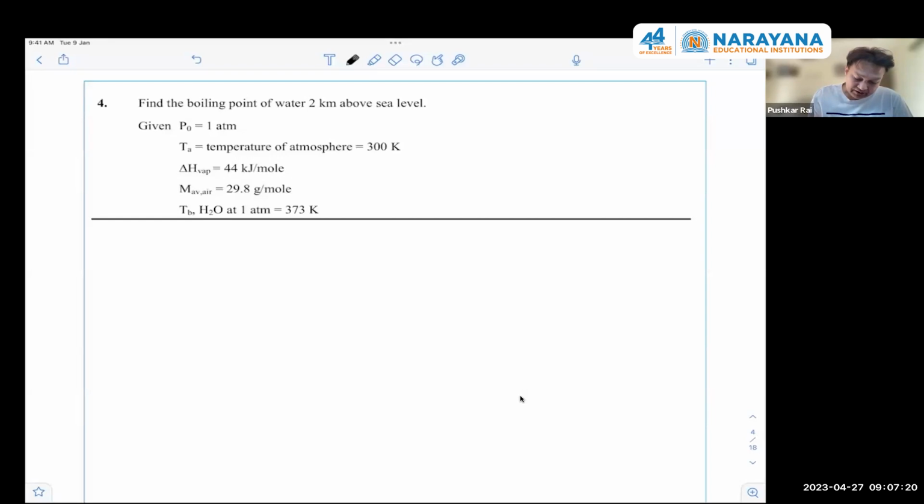M average of air is 29.8 grams per mole. And TB of H2O, that we already know, the boiling point of water at ground level, is 373 Kelvin. Using these data, can you find the boiling point 2 kilometers above sea level?